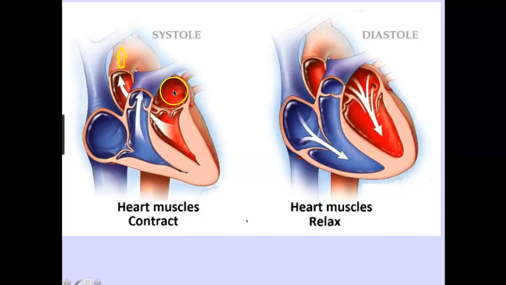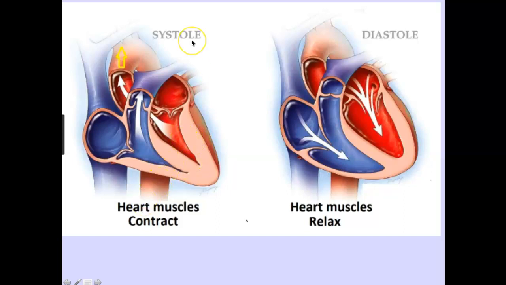The muscle of your atria don't count in terms of your blood pressure because the atria don't push the blood to your body. When you're talking about blood pressure, you're really talking about the ventricles because the ventricles are pushing the blood into your body, and specifically the left side. So the left ventricle is responsible for your systemic blood pressure.